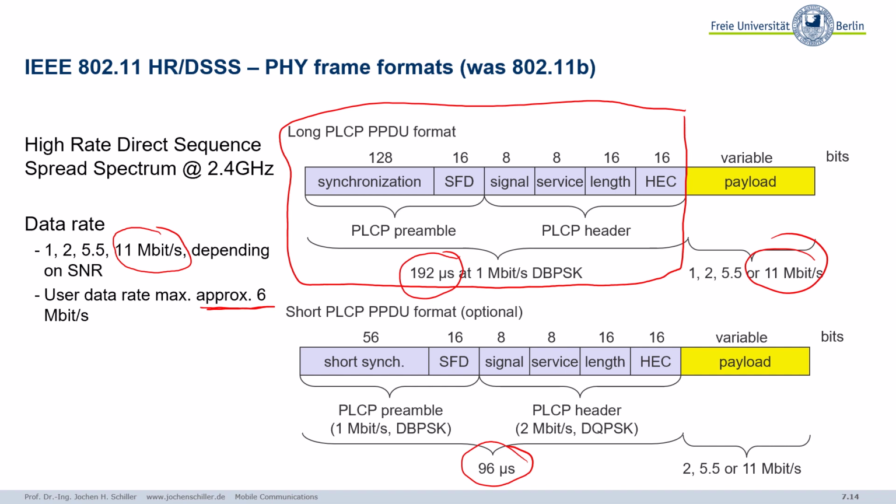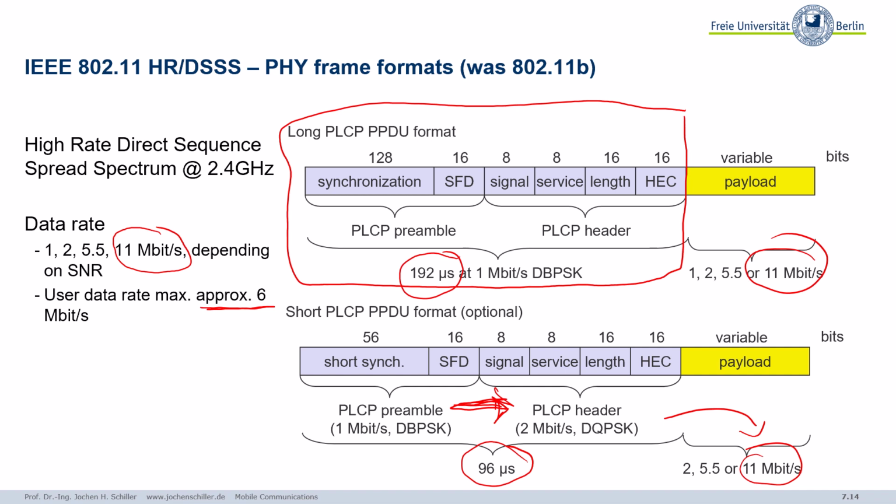This is also a reason why there is a short format for a packet, that's optional, but this short format already switches in the middle of the header from 1 to 2 megabit per second and then maybe over to 11 megabit per second. So you see, all these different fields needed for synchronization, signal strength, etc., header error control, and so on, they all contribute to the lower average data rates.